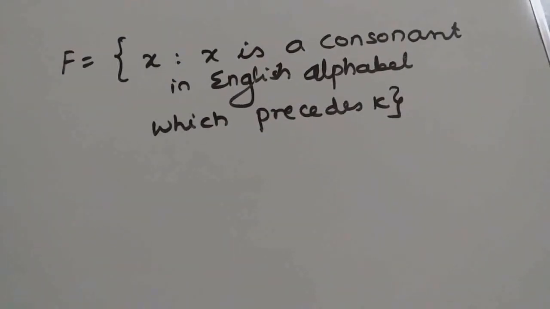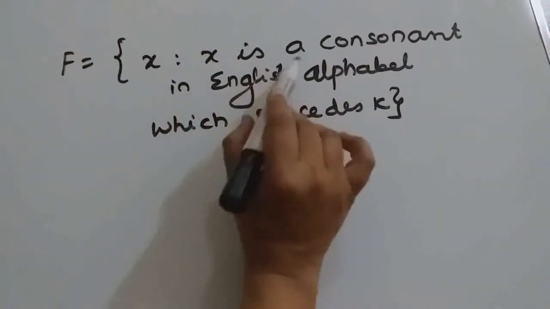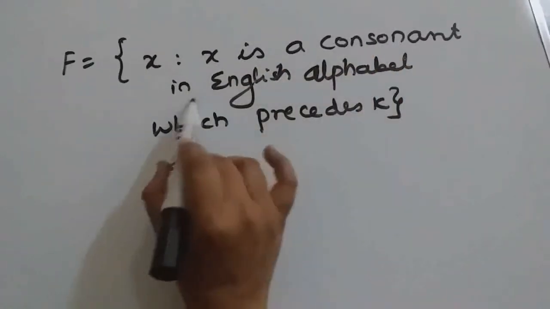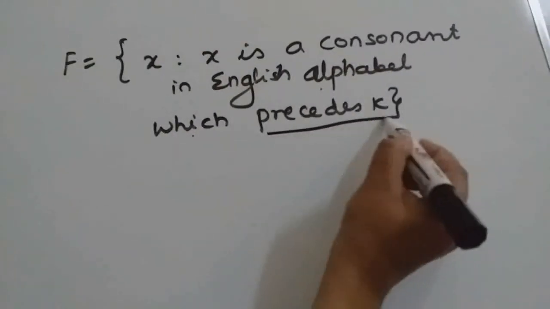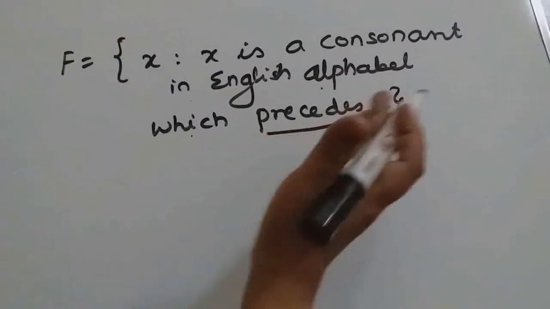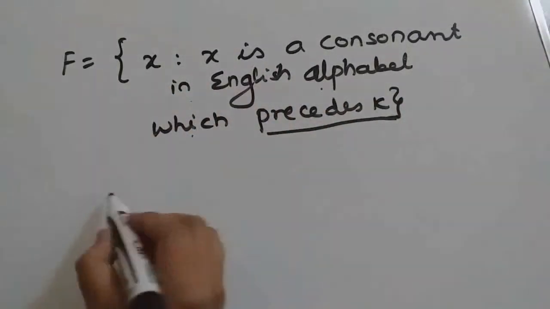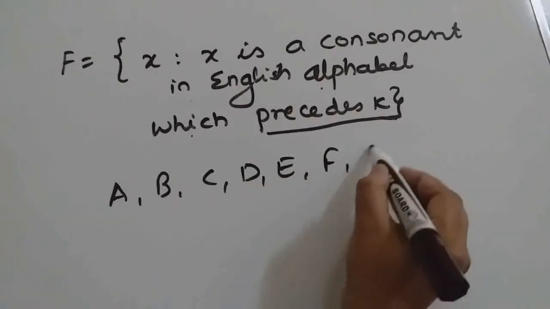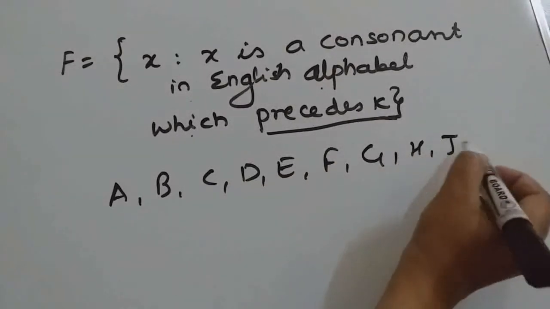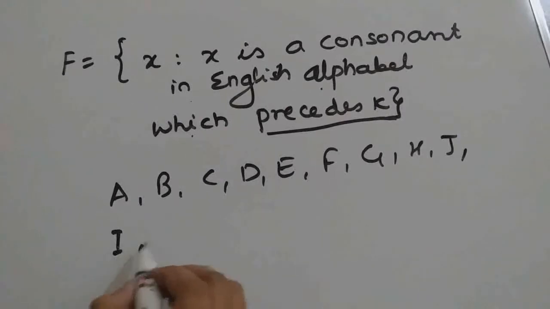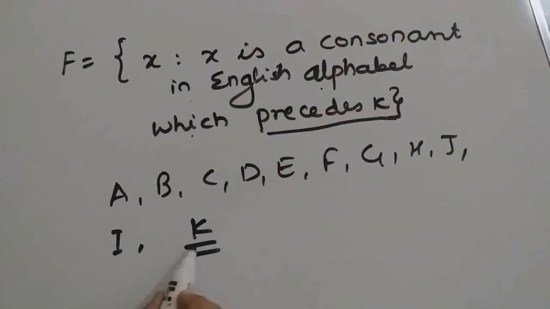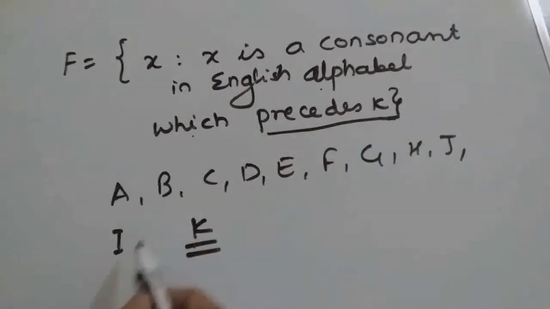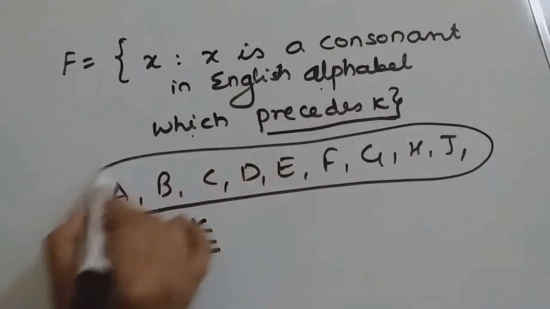Set F is defined as x, where x is a consonant in English alphabet which precedes k. Means before k, what alphabets will come here? We can write A, B, C, D. Okay. K won't come. Precedes k means all these alphabets. Isn't it?